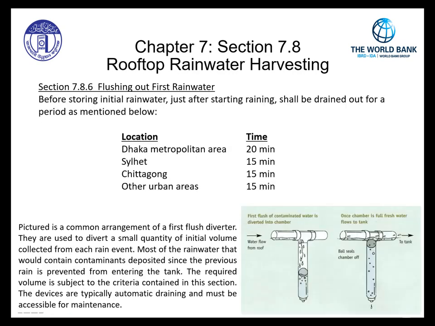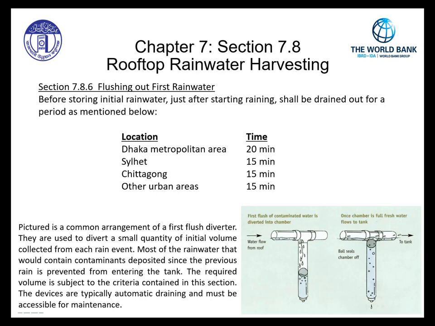Flushing out first rainwater is indicated in section 7.8.6. Before storing, initial rainwater, just after starting raining, shall be drained out for a period as mentioned below. The location and time are given in this specific section.